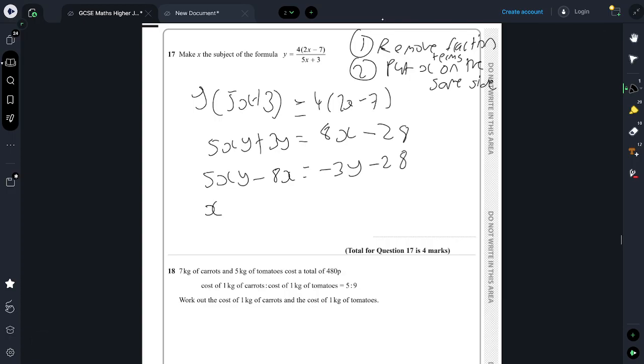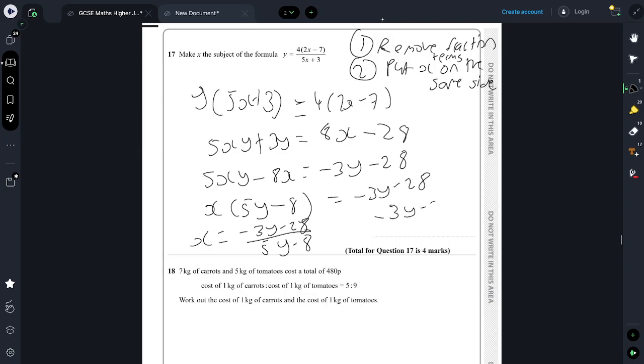What you've got on the same side, you should then spot we can factorize to get x on its own. So 5y minus 8 is going to be the same. So x times 5y minus 8 is minus 3y minus 28. Then you could just divide, so x is minus 3y minus 28 over 5y minus 8. Cool. Okay, we can leave it as that.